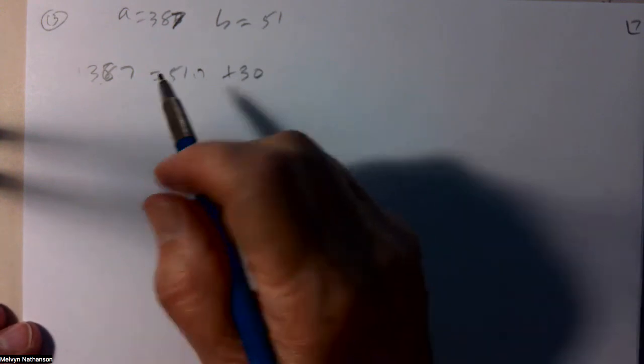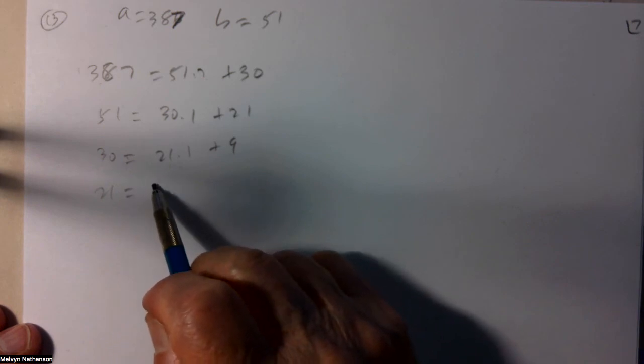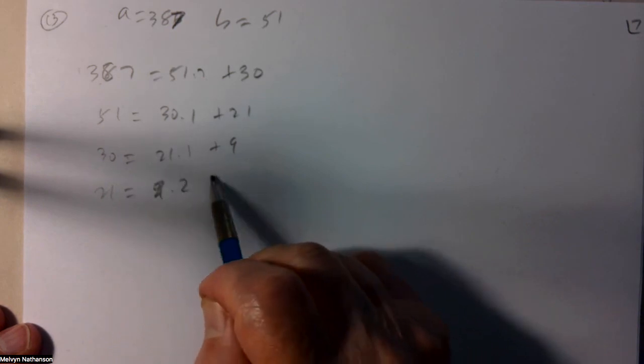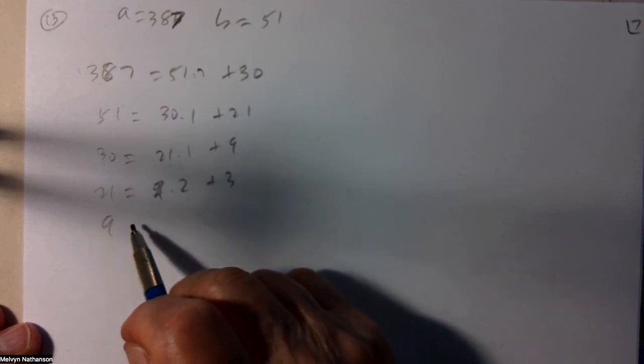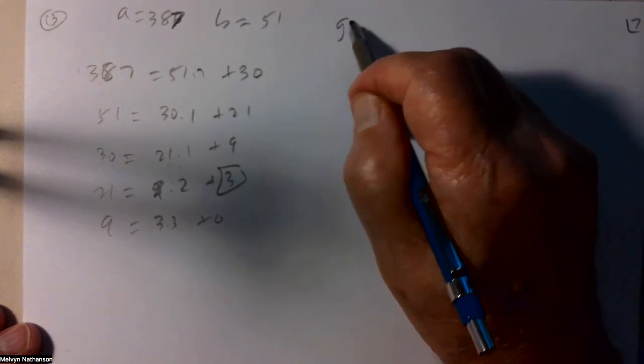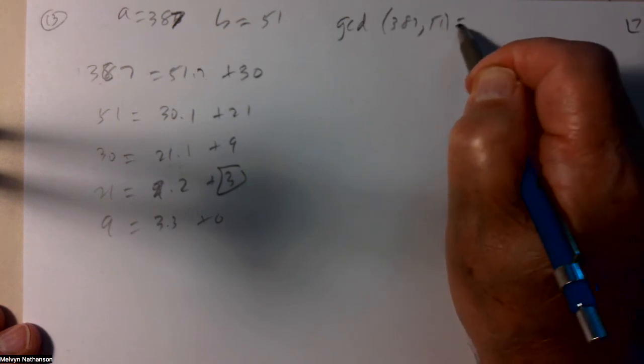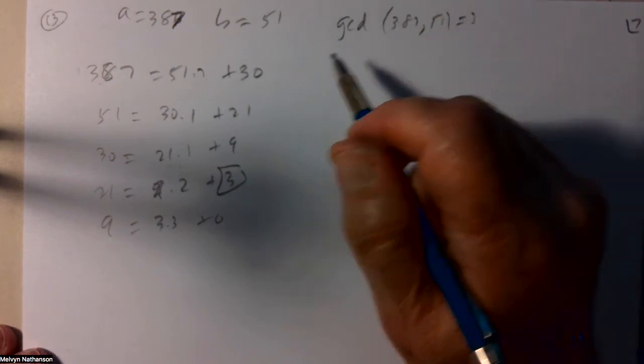And that seems to leave a remainder of 30. 51 divided by 30 is 1, and leaves a remainder of 21. 30 divided by 21, the quotient of 1, and leaves a remainder of 9. 21 divided by 9 has a quotient of 2, and a remainder of 3, and 9 divided by 3 has a remainder of 0. So the greatest common divisor of 387 and 51 seems to be equal to 3.